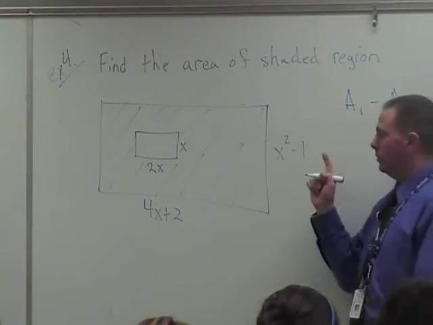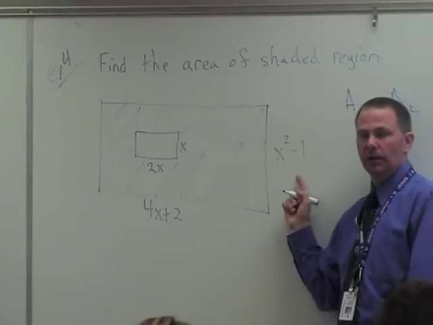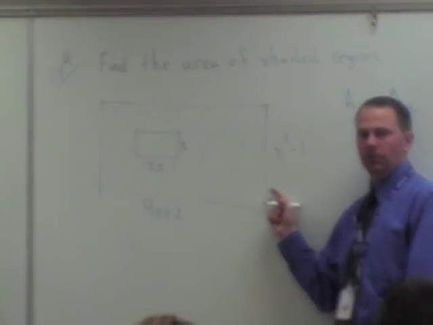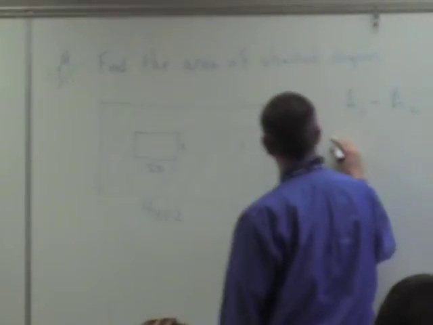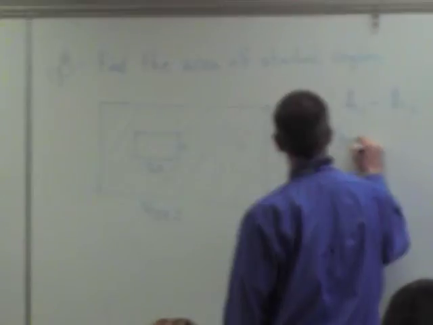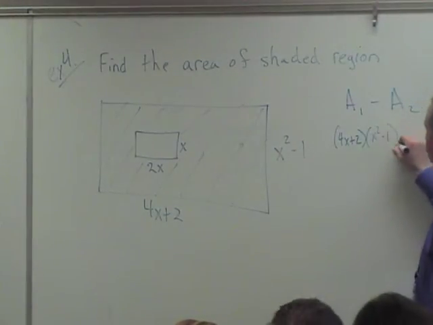Kind of, but you have to do this binomial here first. You have to get the area of this big part first. All right. So the area of the first one is base 4x plus 2 times x squared minus 1.